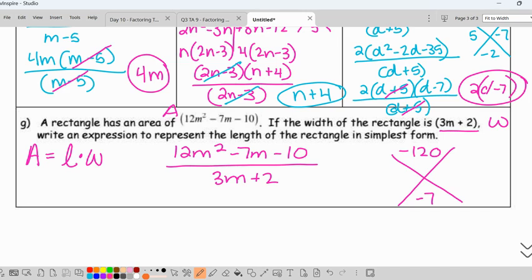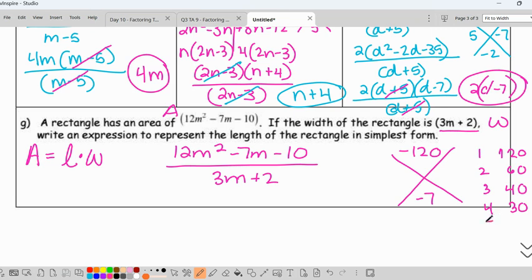So I can start listing my factors of 120 or negative 120. So I have 1 and 120, 2 and 60, 3 and 40, 4 with 30. Okay, I need to get a combination that would combine to be negative 7.